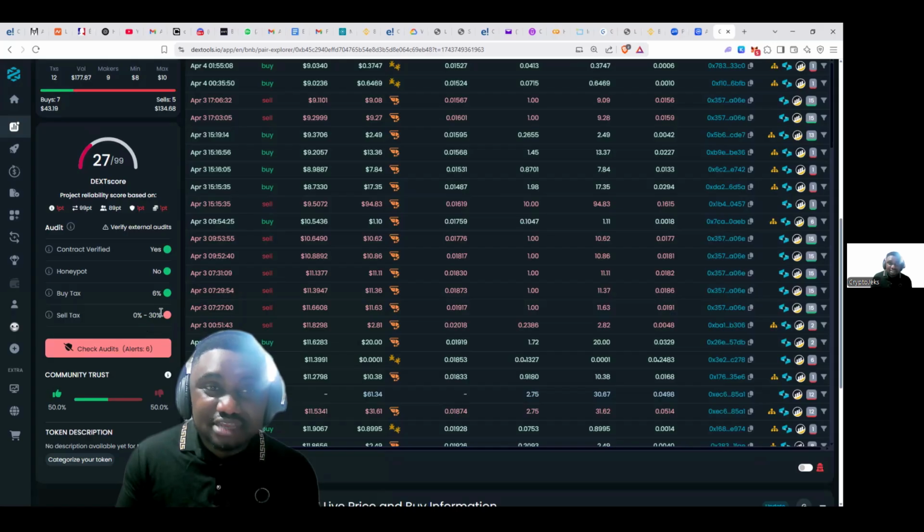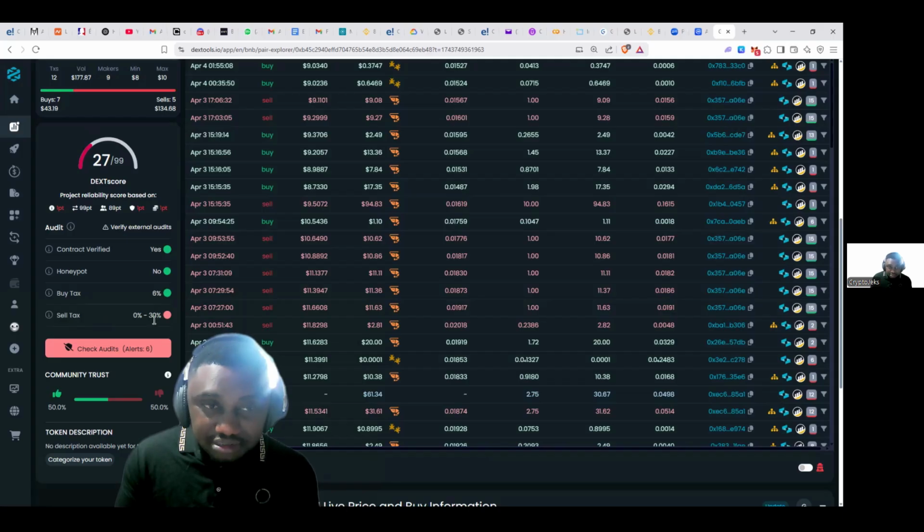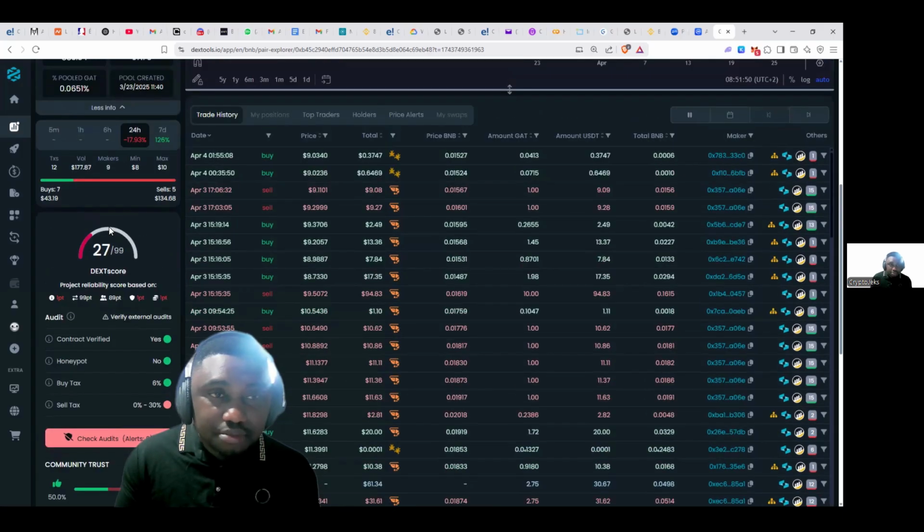So if you make $10 from this project, about $3 will be taken. Imagine that in a bigger amount. So this buy tax is a no-no. The sell tax is also a no-no. The community trust level is very, very low.